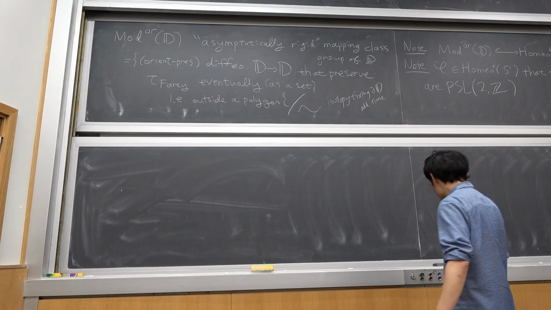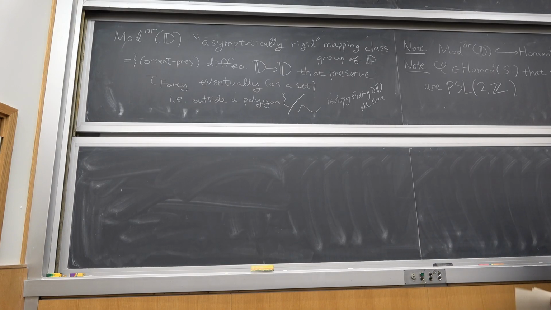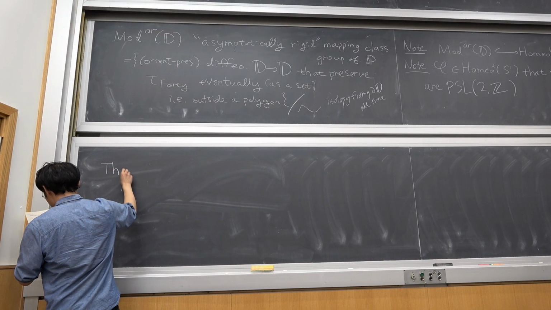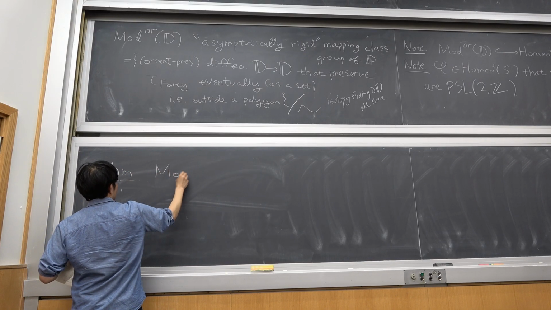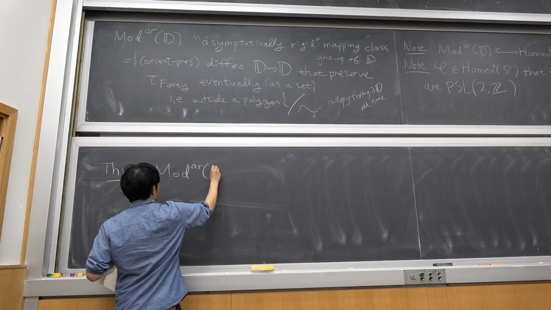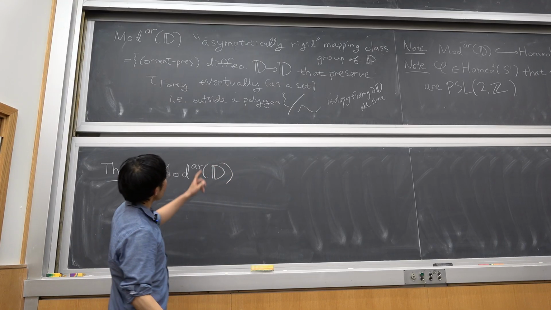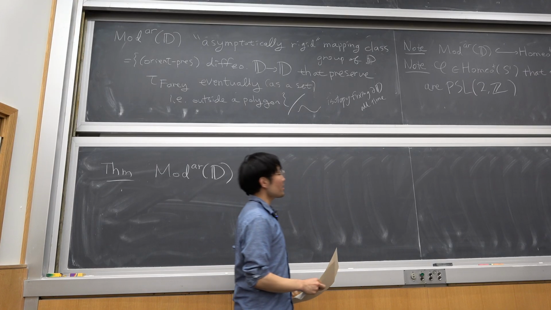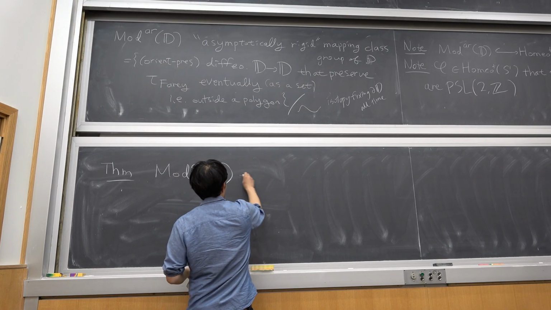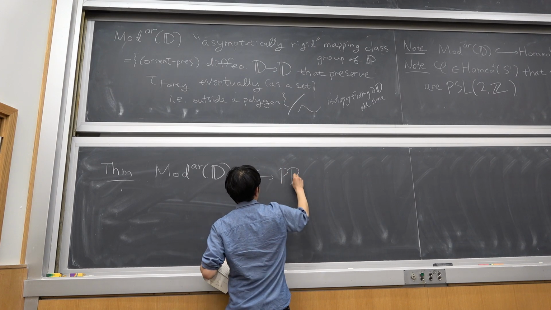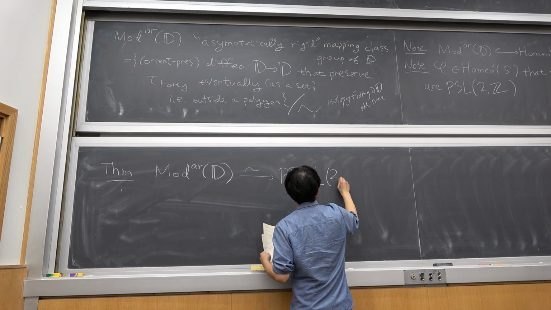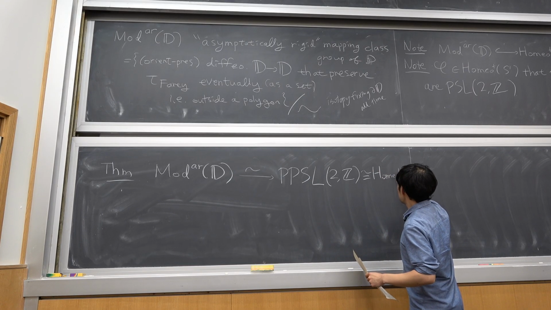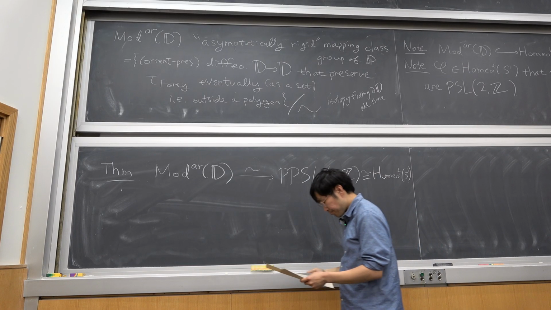And so I could call this a theorem, that the image of this asymptotically rigid mapping class group in the homeomorphisms of the circle is the piecewise PSL2Z, which is usually called PPSL2Z homeomorphisms of the circle.